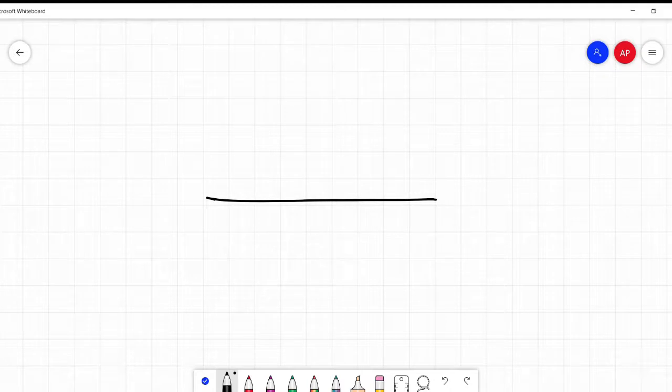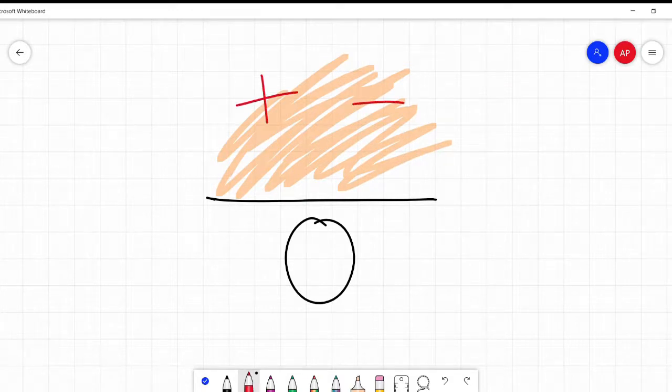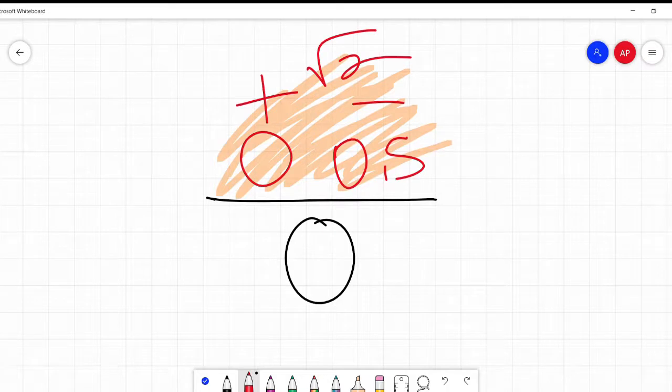If I divide anything by zero, I mean anything up here. It can be a positive, it can be a negative, it can be zero, it can be a decimal, it can be a square root of 2, anything. It can be pi. I don't care what it is.